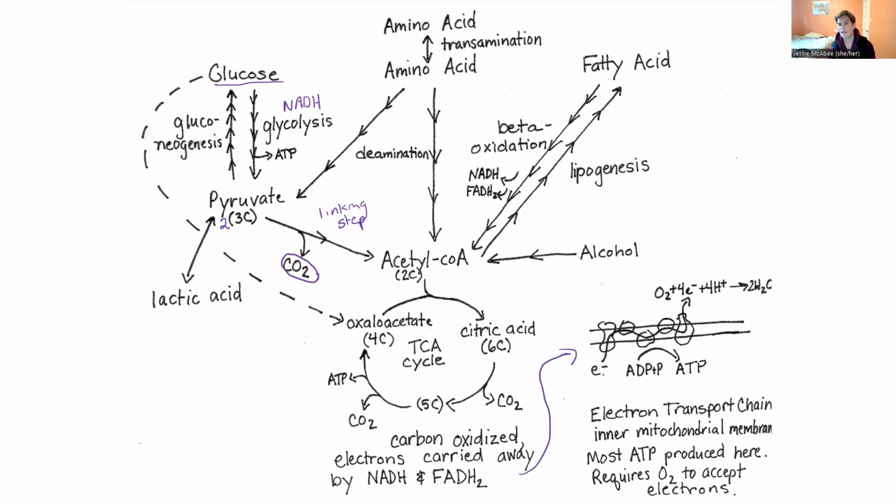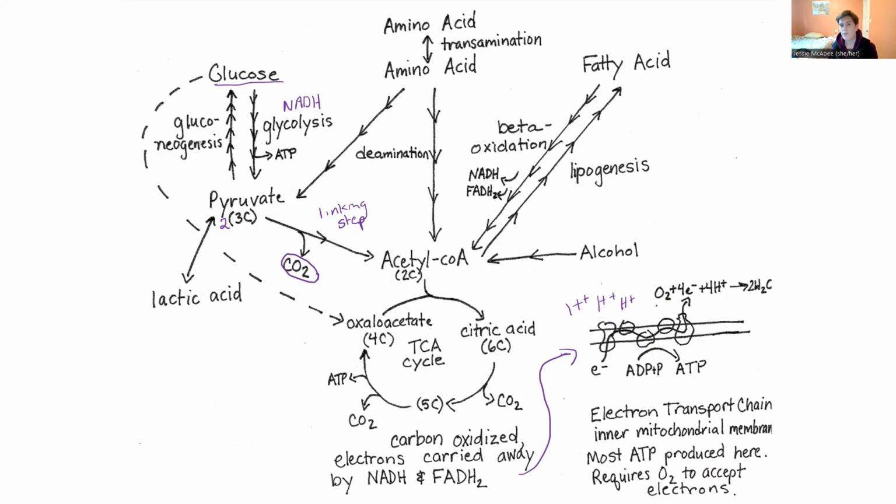So they drop off those electrons like I just showed you. And then the electrons go through the electron transport chain. We generate that gradient, and that gradient can be used to make ATP from ADP plus phosphate. So most ATP is produced there in the mitochondria.